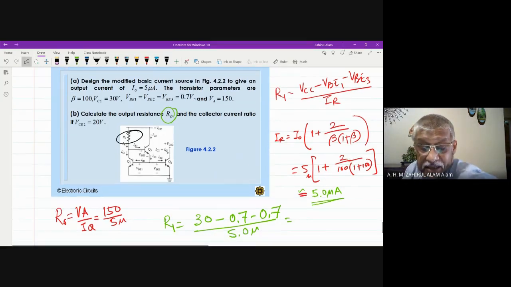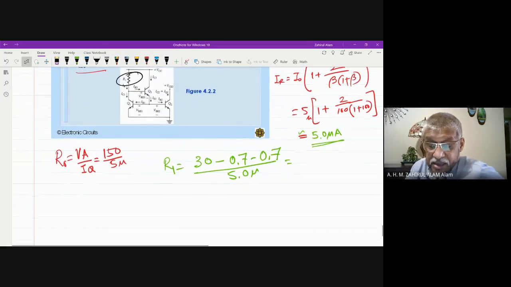And what is the collector current ratio? Collector current ratio, last time we have derived IC2 divided by IC1.